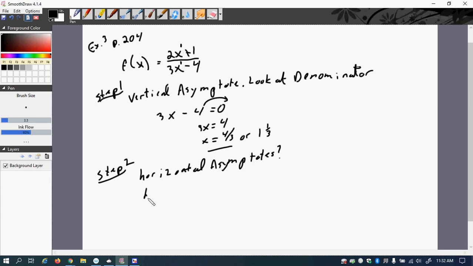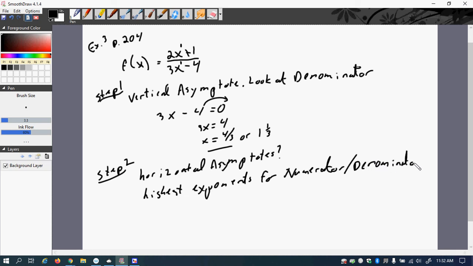So the highest exponents for the numerator and the denominator are the same. So they're equal. So that means that the coefficients that are sitting here give my horizontal asymptote. So y is equal to 2/3. So now I have my horizontal asymptote.